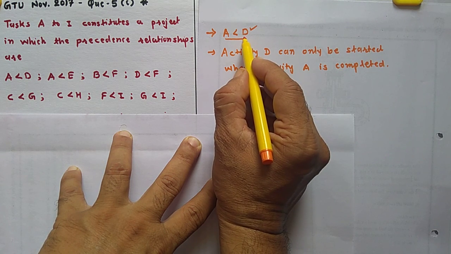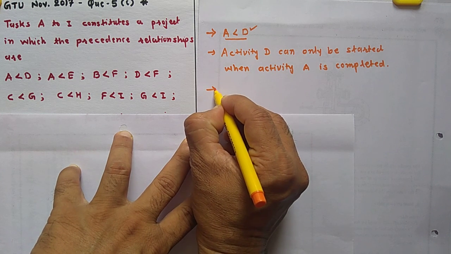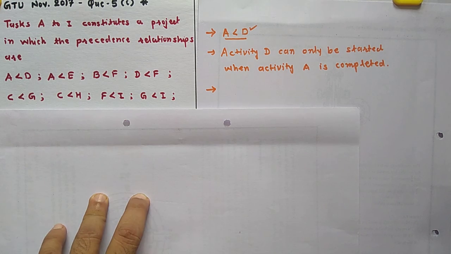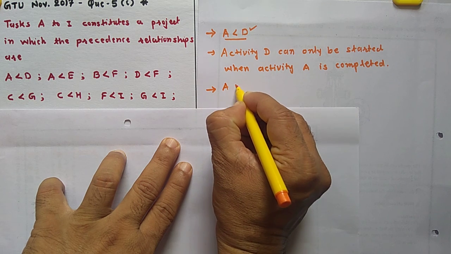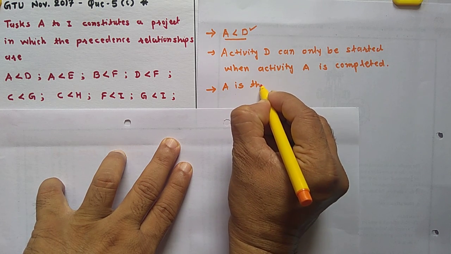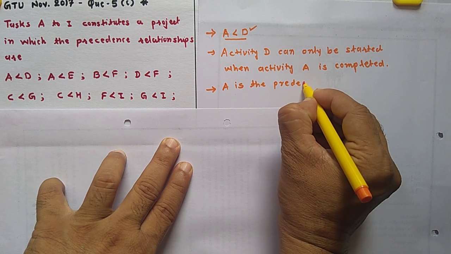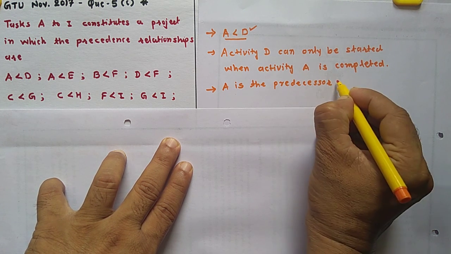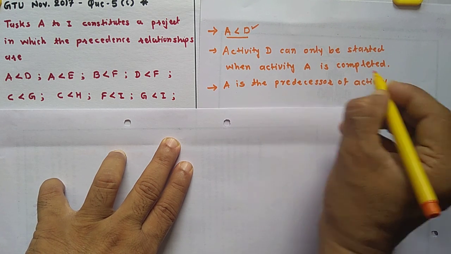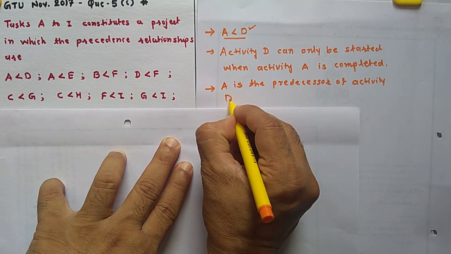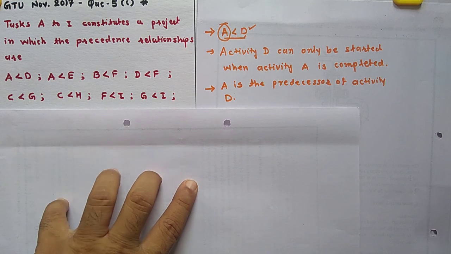So here activity D can only be started when activity A is completed. You can also write it like this: A is the predecessor of activity D. So here A is the predecessor of this activity.